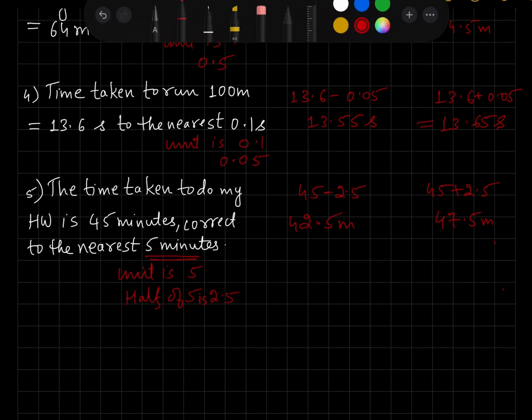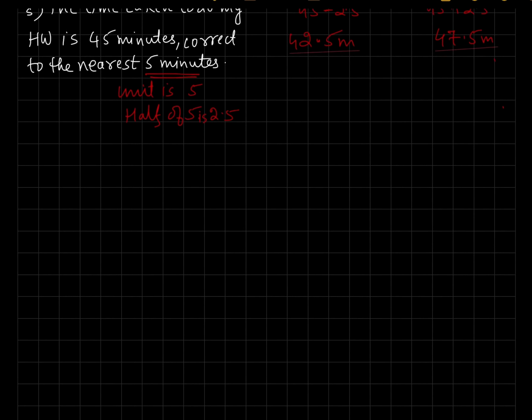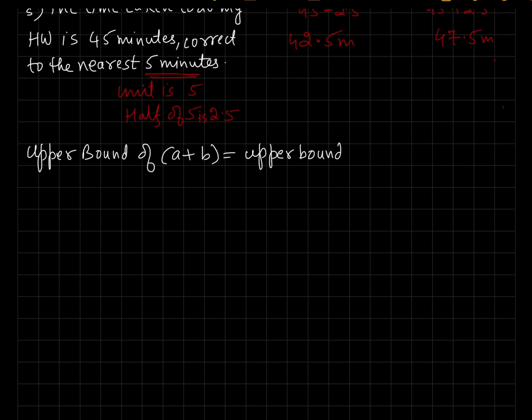Now there are a few questions asked in exams where we need some rules. So I will be writing the rules for calculations. If you have to find the upper bound of a plus b, the upper bound of the sum of two figures, first we will find the upper bound of a, and then add to it the upper bound of b.